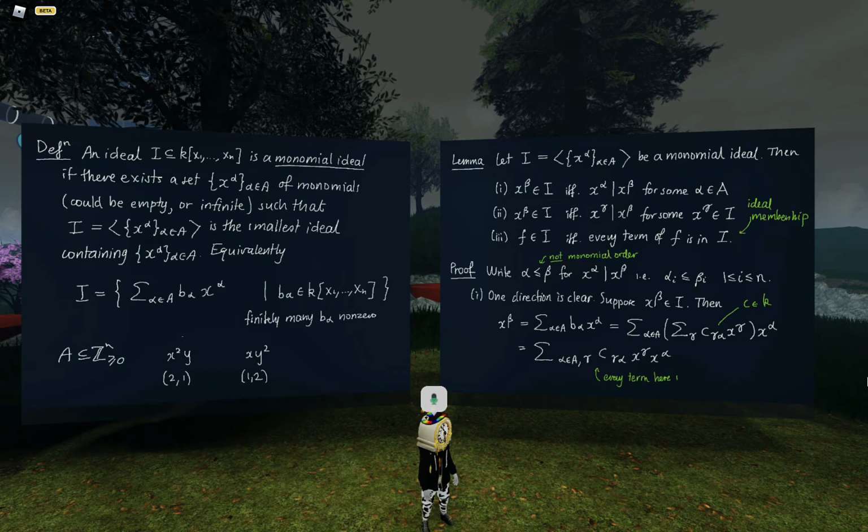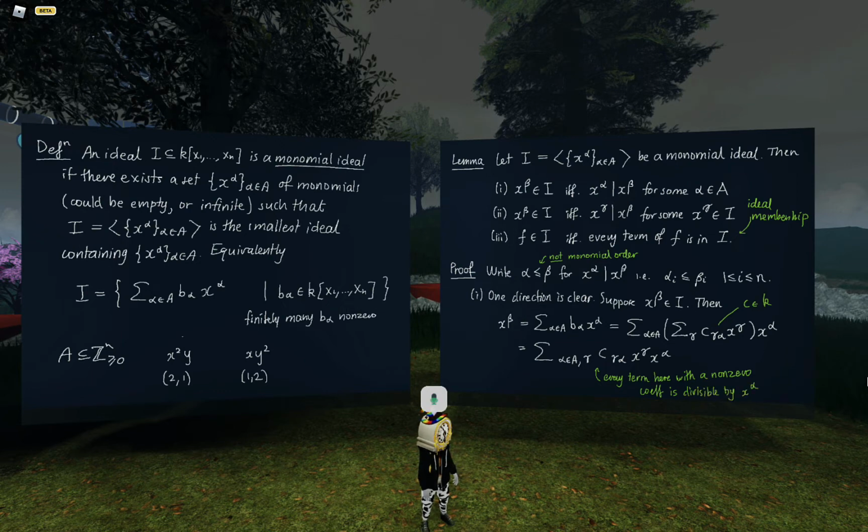So every term with a non-zero coefficient is divisible by x to the alpha.